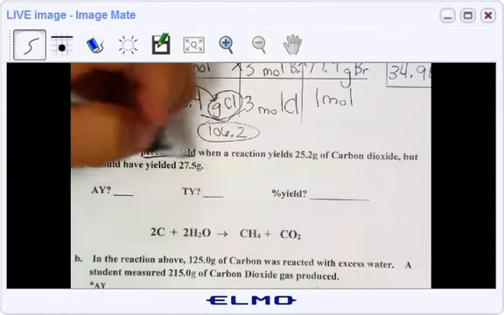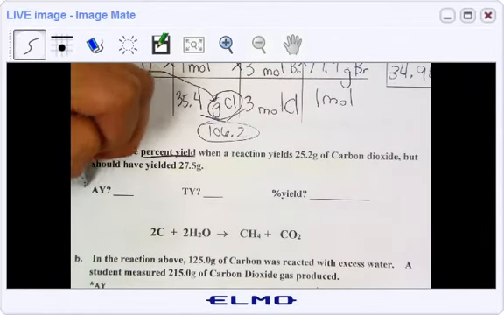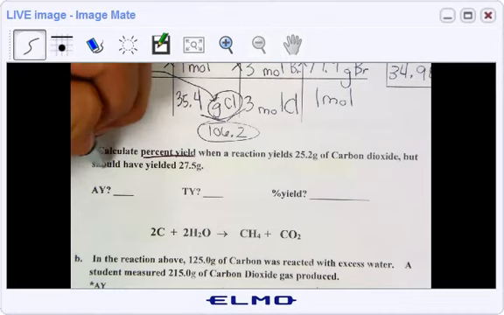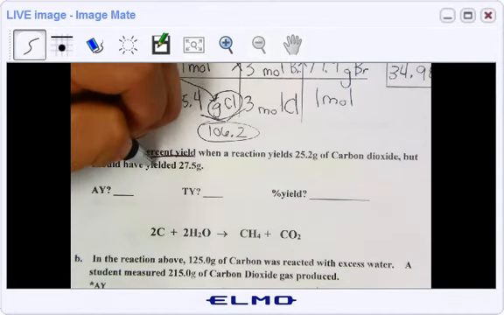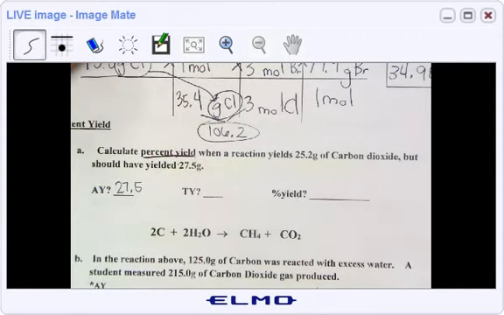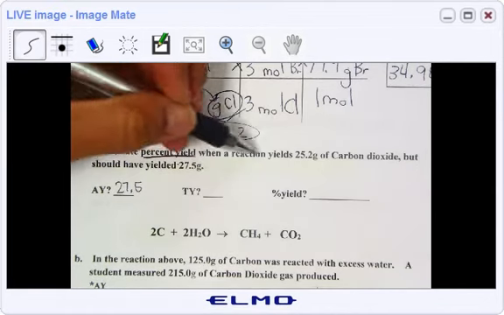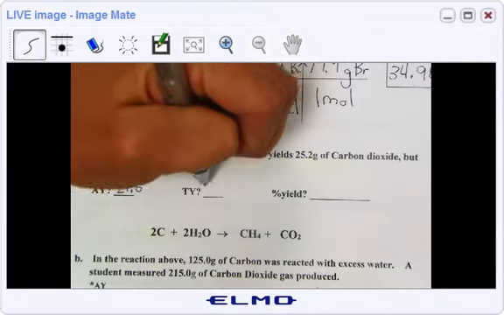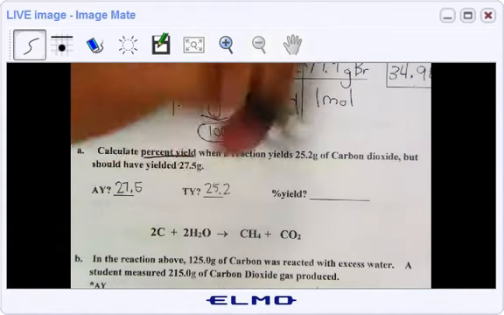So your actual yield, that's for AY, was, it should have yielded 27.5. Okay? Your theoretical yield is going to be 25.2.